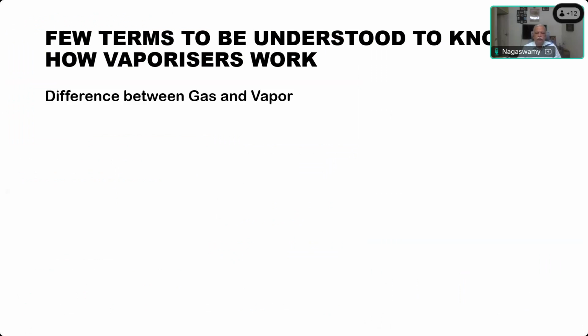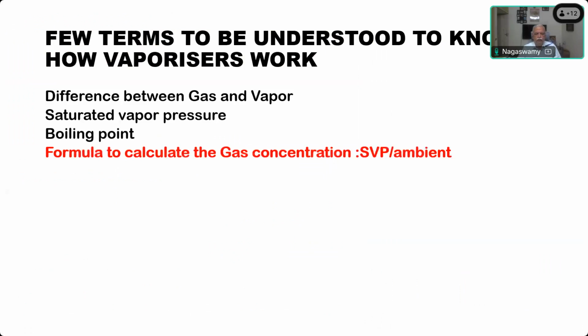One is the difference between gas and vapor. Already Trisha madam has nicely described that. And you have to know what is saturated vapor pressure. You have to know what is a boiling point. Last class we saw what is the boiling point, and now Hiranmaya madam also said what is the boiling point. The temperature at which the vapor pressure equals the atmospheric pressure is called the boiling point.